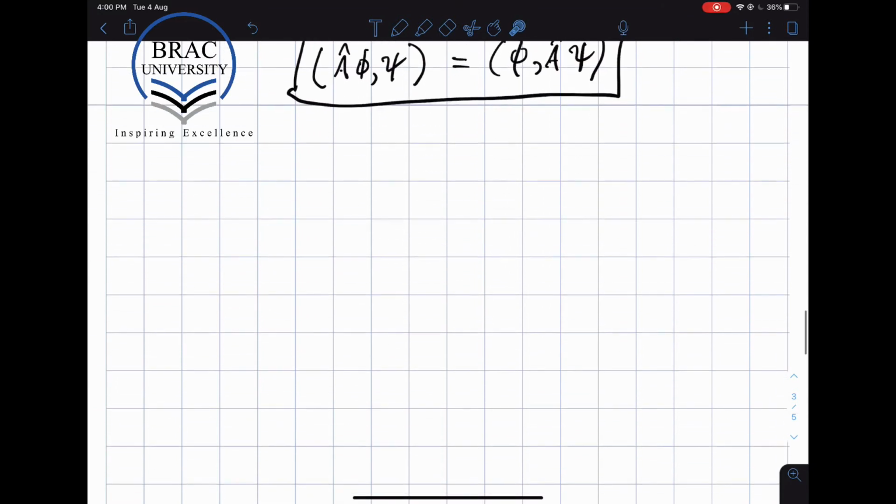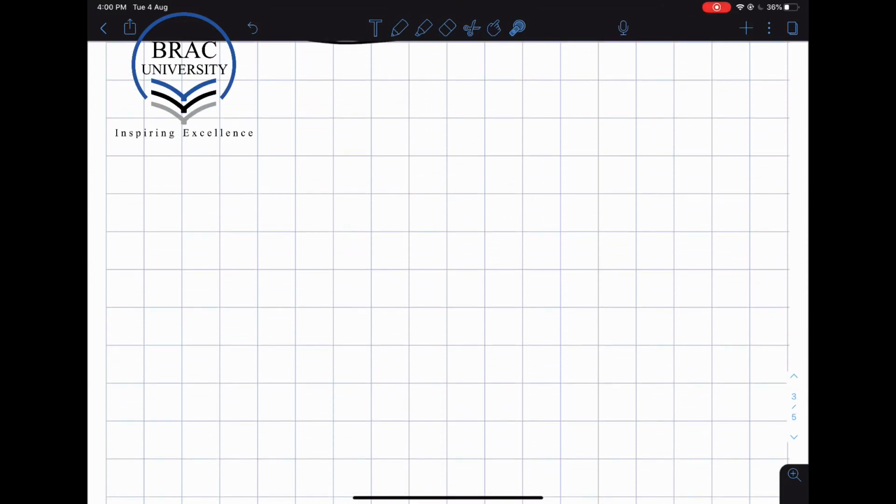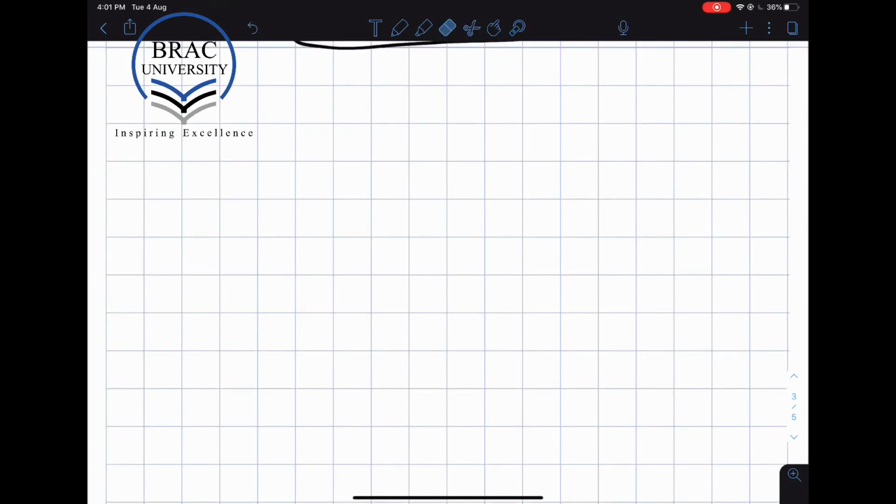So next we want to discuss the eigenvalues of self-adjoint or Hermitian operators. So what are eigenvalues? When an operator acts on a wave function, we saw that in general it gives you some other wave function. But there are certain wave functions which, if you apply the operator, then you get back the same wave function, times a, where a is some complex number.